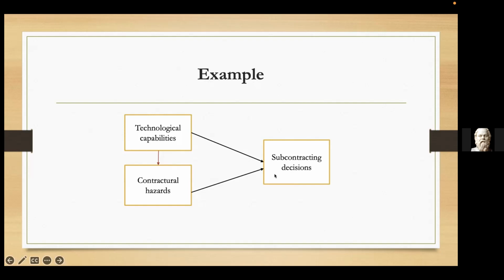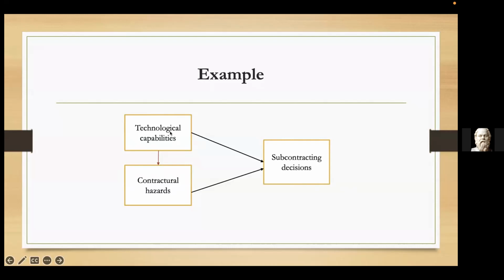So according to the researchers, they reported that stronger capabilities, okay, not only helped lower the costs of doing projects internally, but also helped lower the costs of subcontracting the projects, okay? You're looking at subcontracting projects.